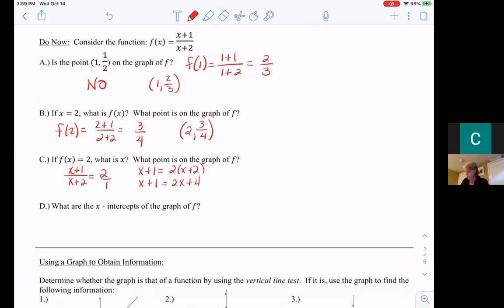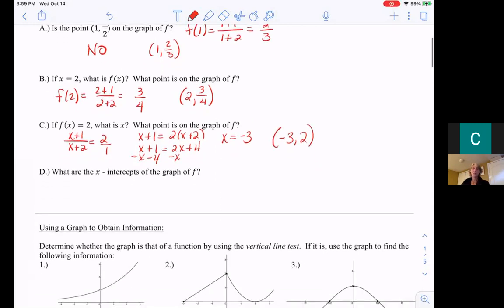And I get, if I subtract that, x is going to equal 1 minus 4, which is -3. So basically, we have to plug in -3 to get 2. So our point would be (-3, 2).